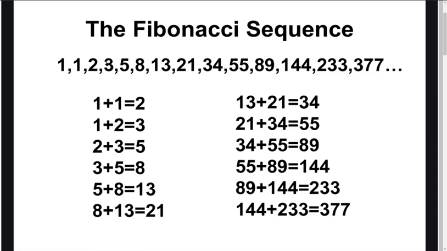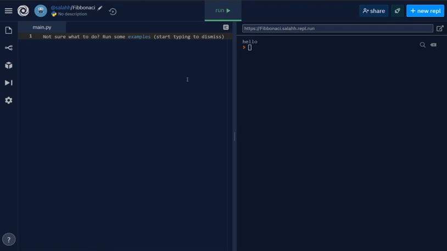And you see the fourth position is 3 because 2 plus 1 is 3. Fifth one is 5 because 2 plus 3 is 5. So you can see all of them over here. And basically the rule is n is equal to n minus 1 plus n minus 2, where n is the term of the sequence. So yeah, we're going to make this in Python.